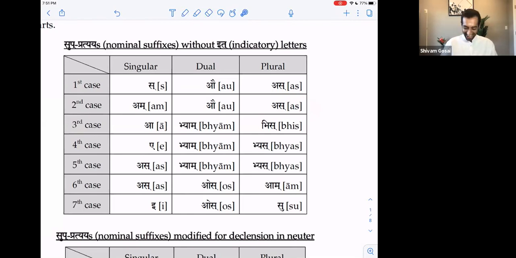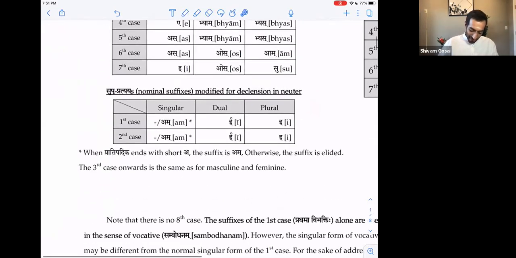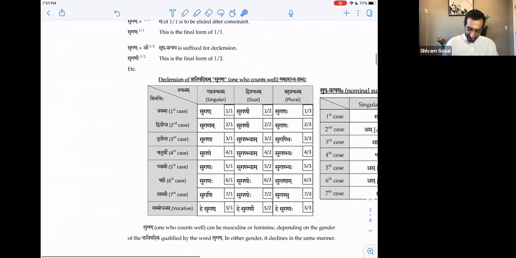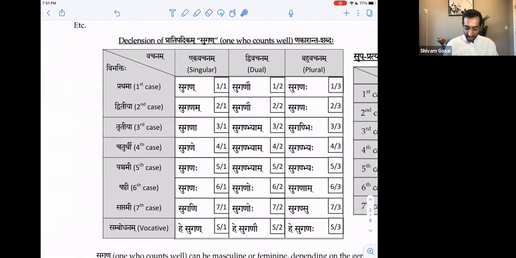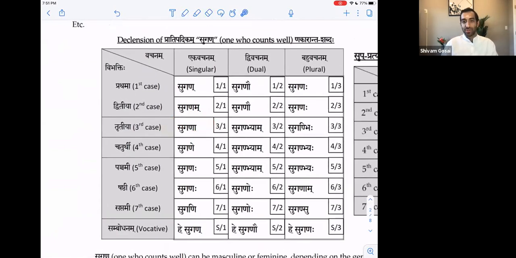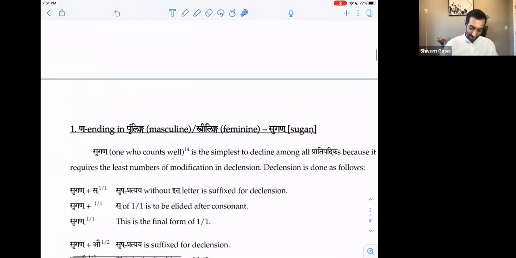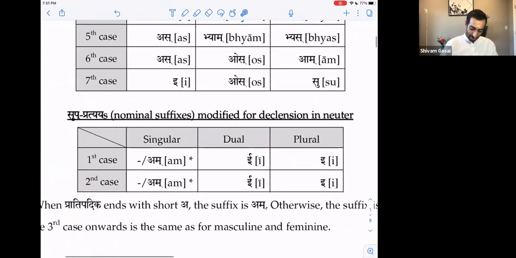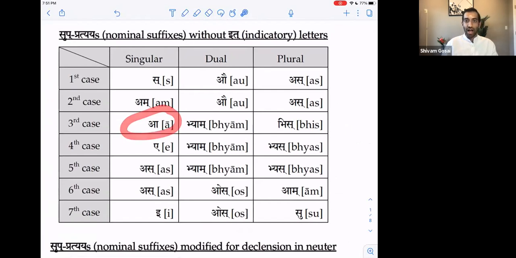Look at this. Now, right? Sugan plus a, sugana. Remember 3-1 a. Okay, I'll keep that up because you like that, right? Sugan plus a, sugana. Sugan plus bhyam, sugan bhyam.